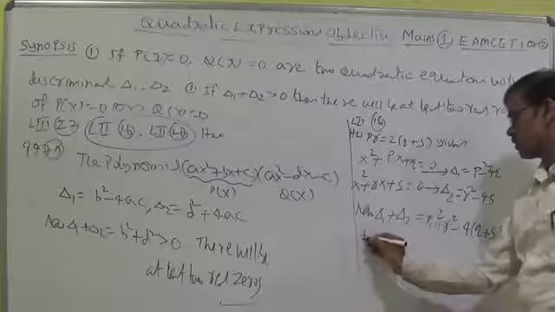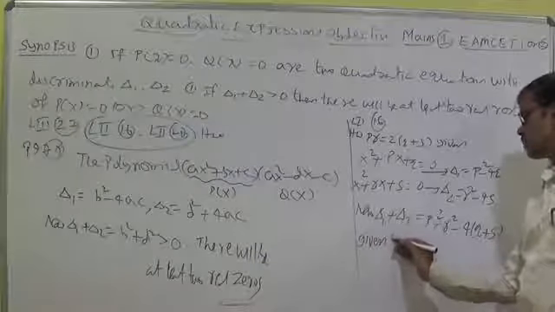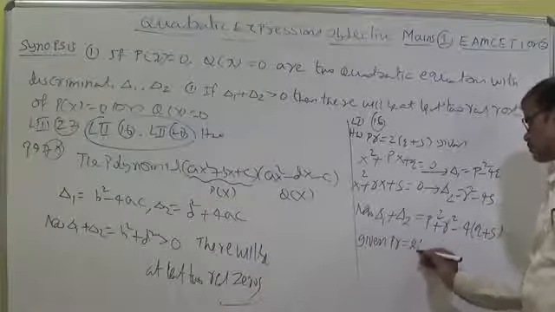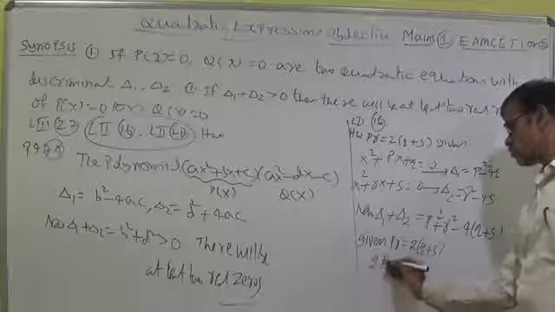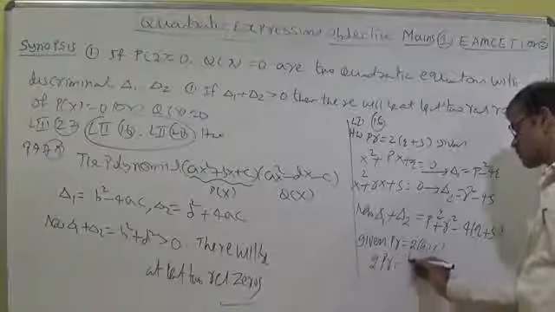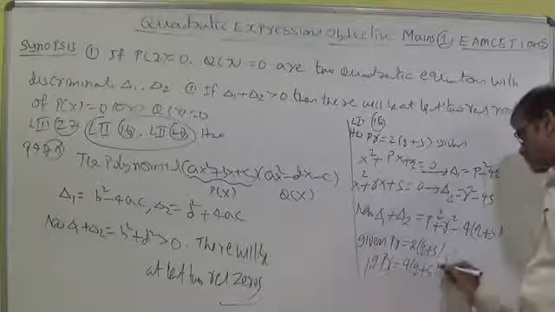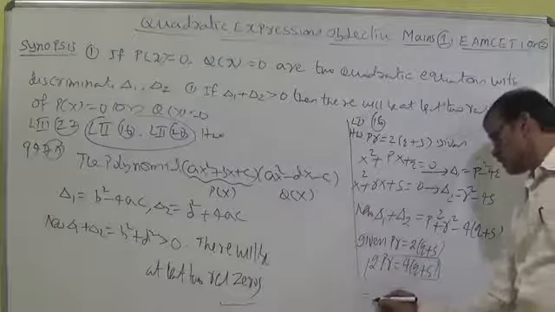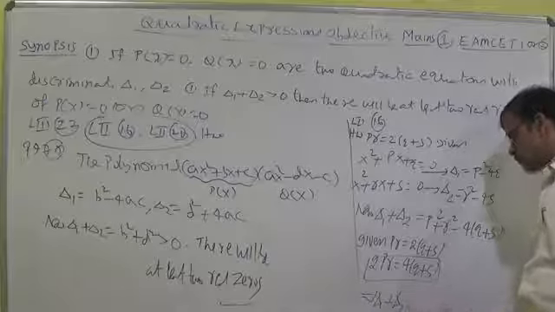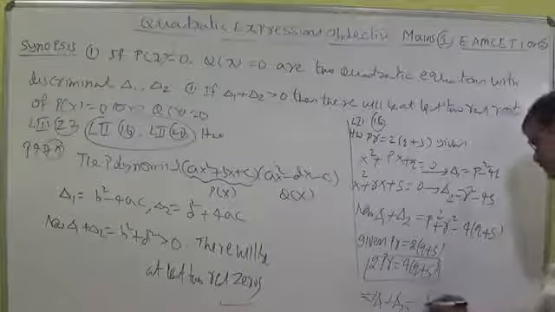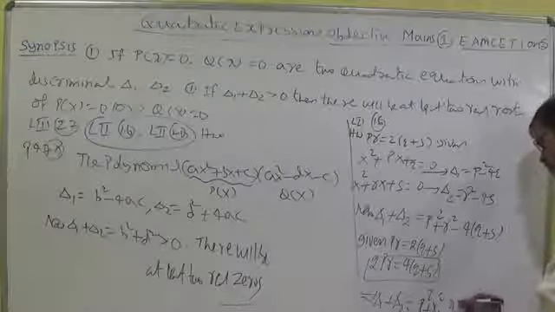Now, given concept: PR is equal to 2 into (q plus s). Multiply by 2 on both sides, it becomes 2PR is equal to 4 into (q plus s). That implies delta 1 plus delta 2 can be written as p square plus r square minus 2pr.